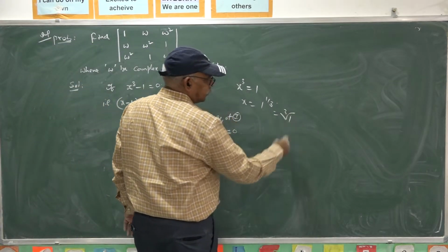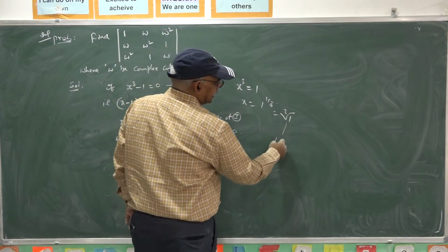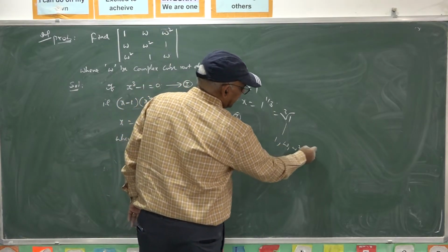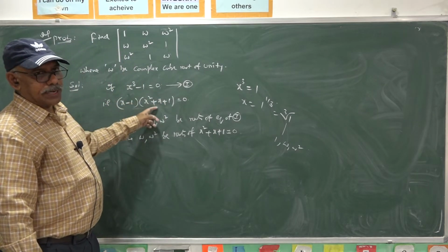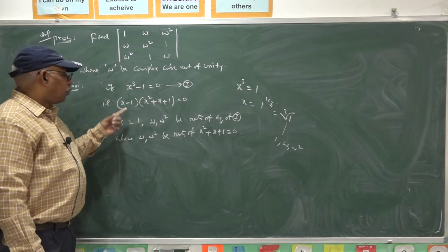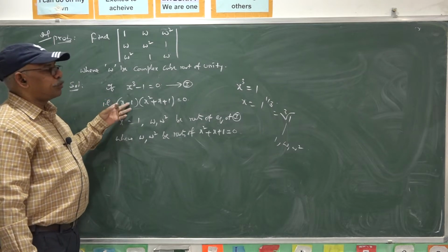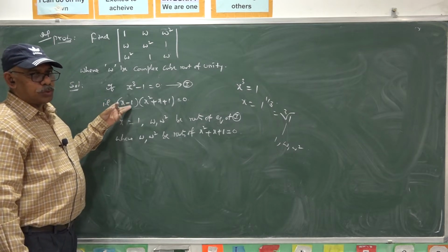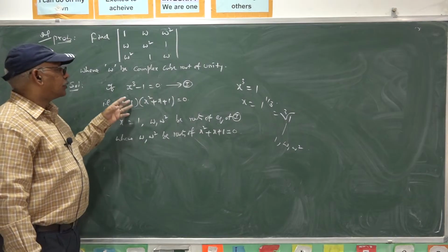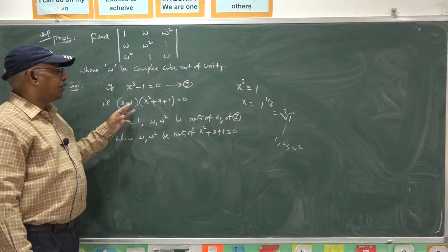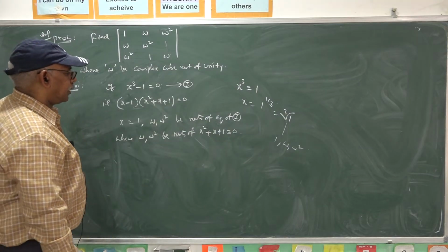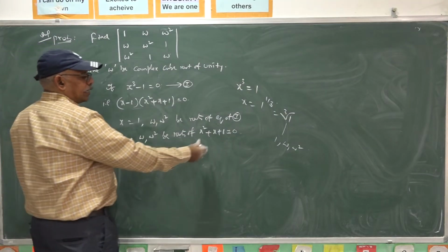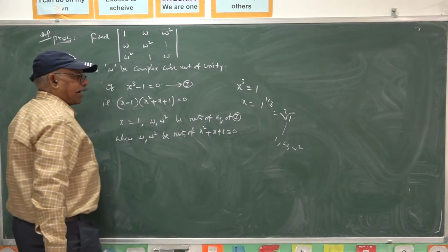The cube root of 1 takes the value either 1, omega, omega square, where omega, omega square are the roots of this factor. 1 is a cube root of unity, but it is real. So 1 is the real cube root of unity, whereas omega, omega square are the complex cube roots of unity. Hence omega, omega square are the roots of this factor.